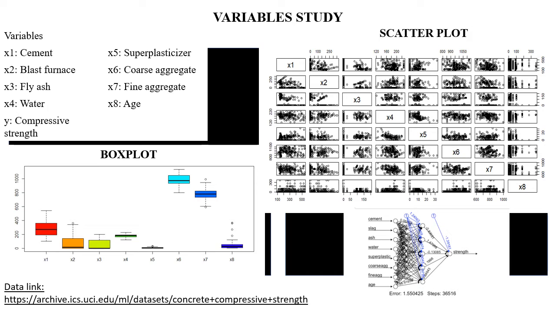Judging by the box plot, we can identify some outliers, and by scatter plot, we can clearly identify any multicollinearity if there is some. This data can be found in this link in case you are interested. This data has also been previously modeled by artificial neural networks. My research question in this case is to find a model to predict compressive strength.